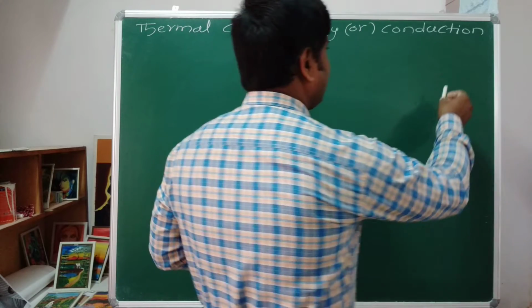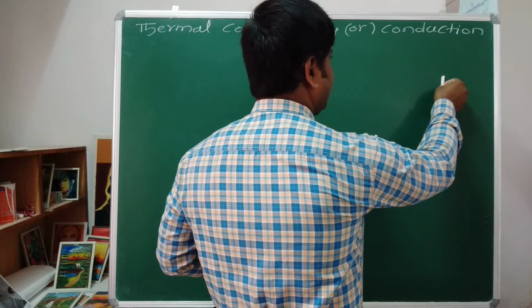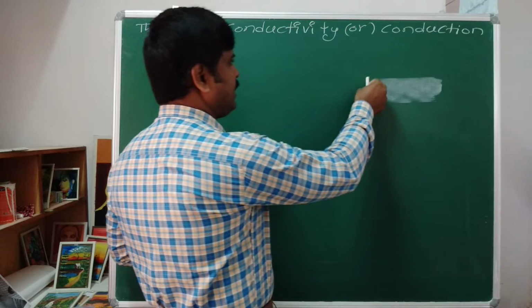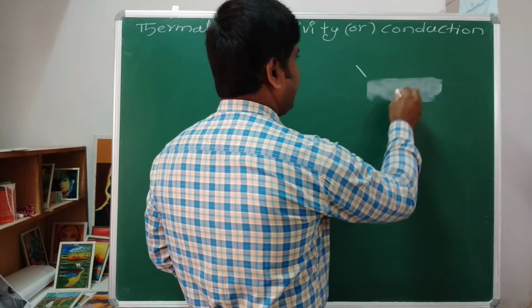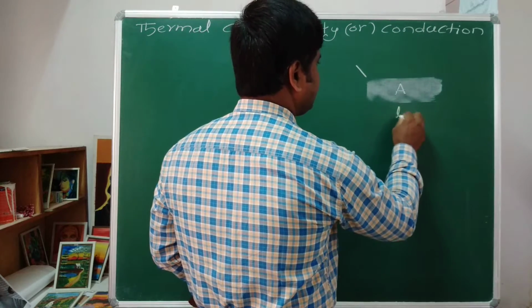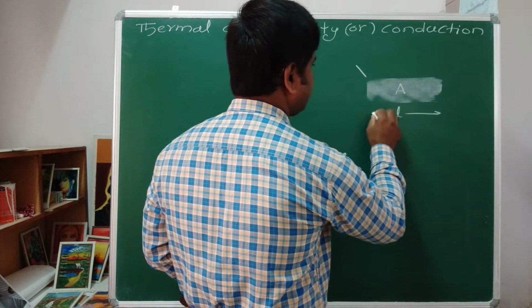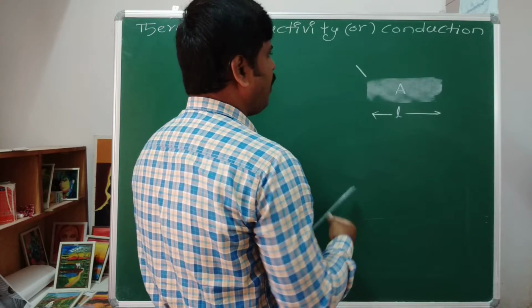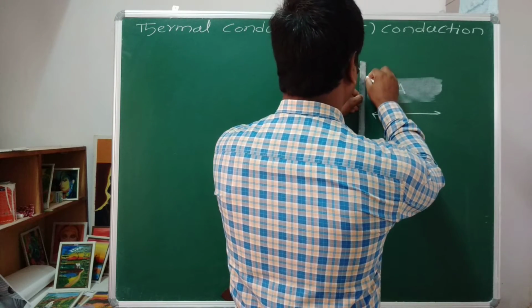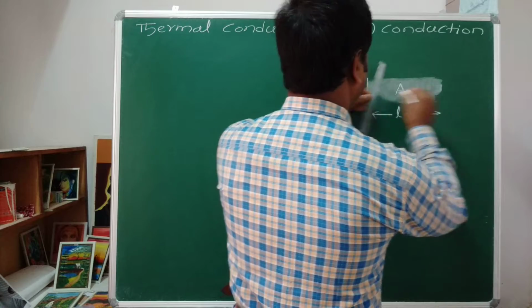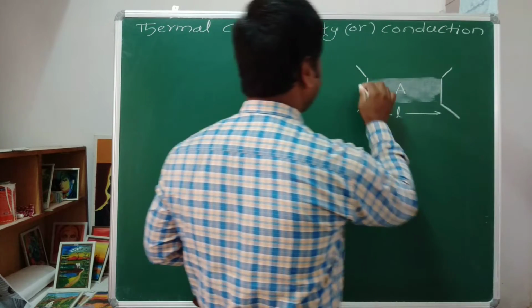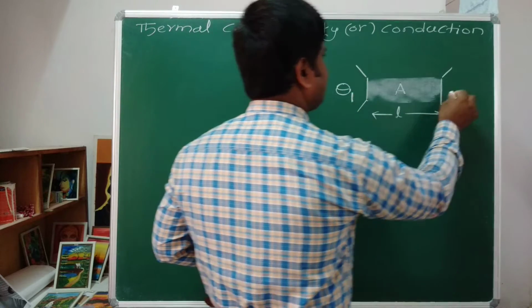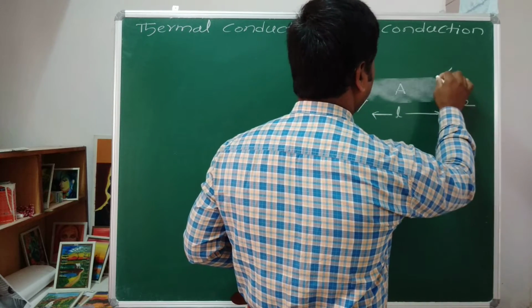Considering there is a solid substance like this, area is A, L is the length. Now this substance is maintained at two different temperatures. First temperature is θ1 and second temperature is θ2.